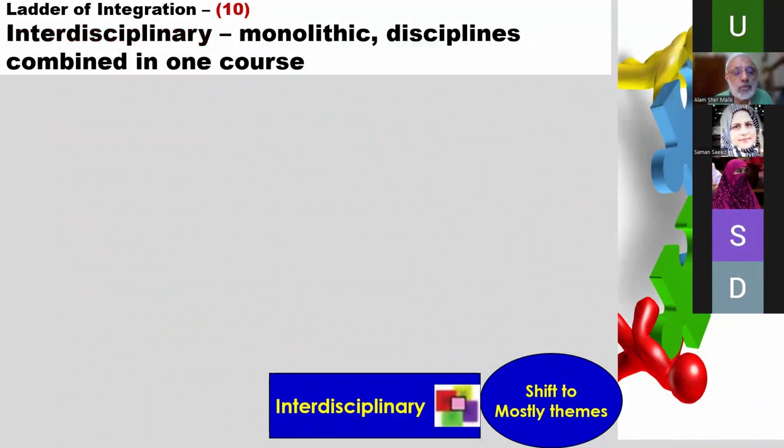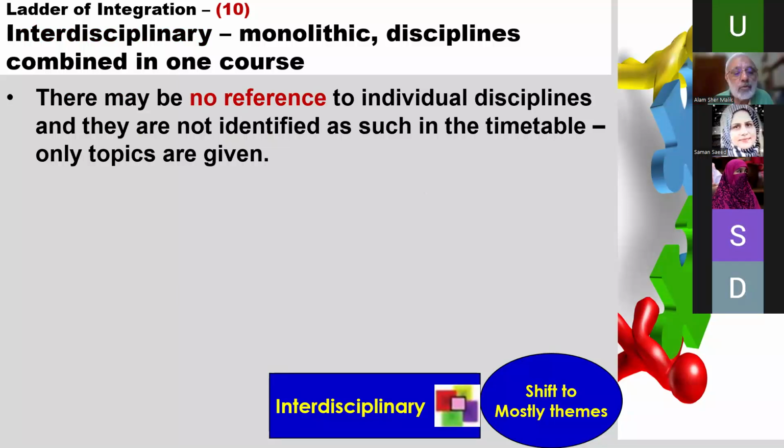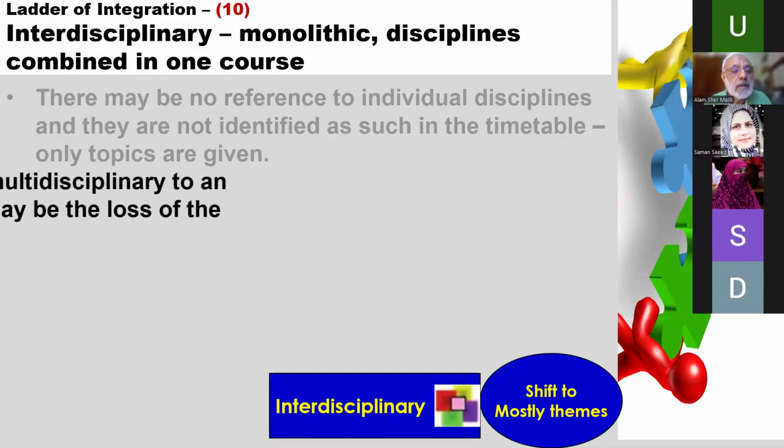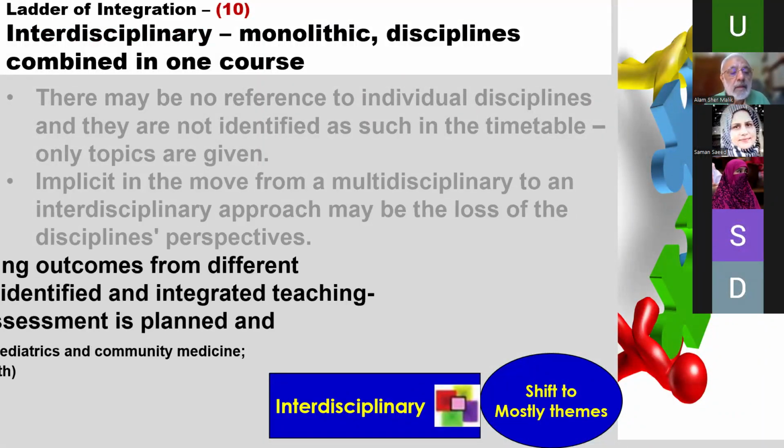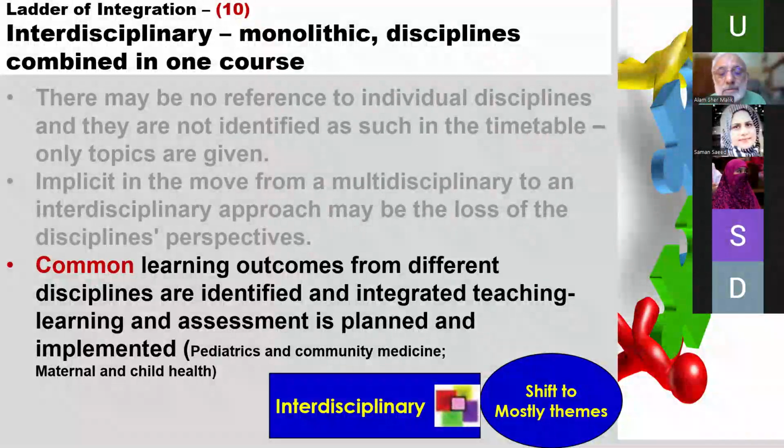There may be no reference to the individual disciplines, and they are not identified as such in the timetable. Only topics are given. Implicit in the move from a multidisciplinary, which is level 9, to an interdisciplinary, which is level 10 approach, may be the loss of disciplinary perspectives, and the common learning outcomes from different disciplines are identified and integrated.